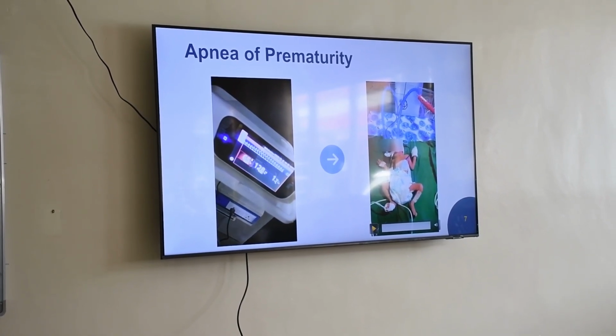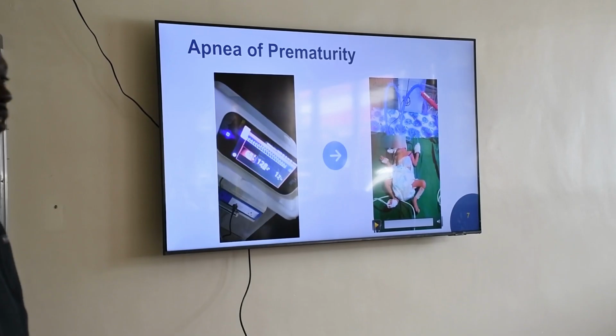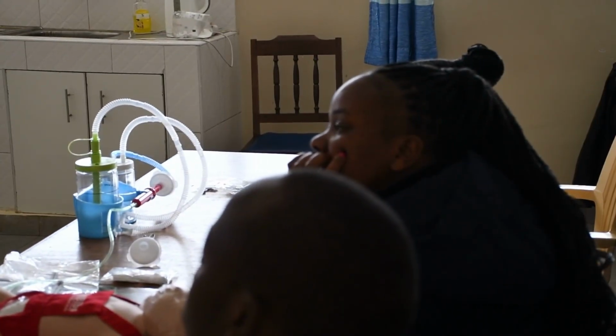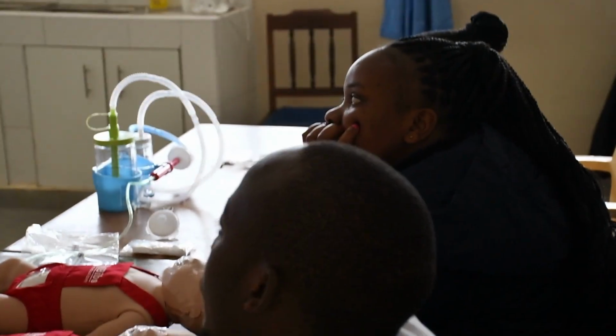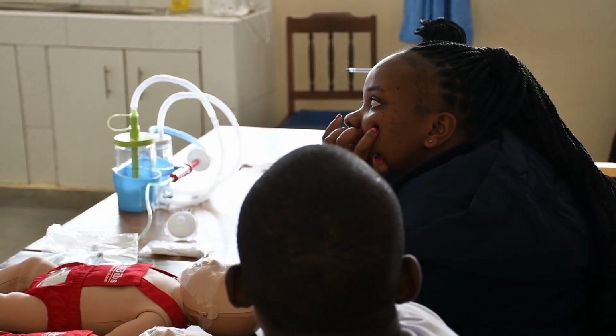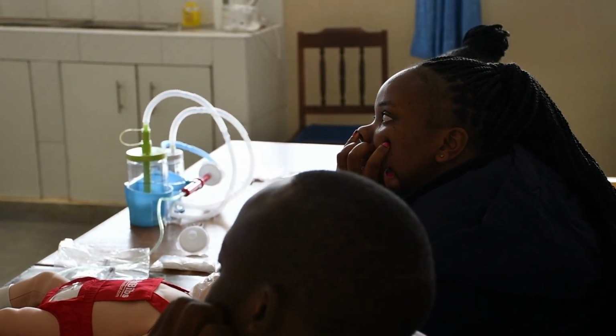What have you noticed? You can see the baby is moving and is breathing. What else? Yeah, oxygen saturations have increased.